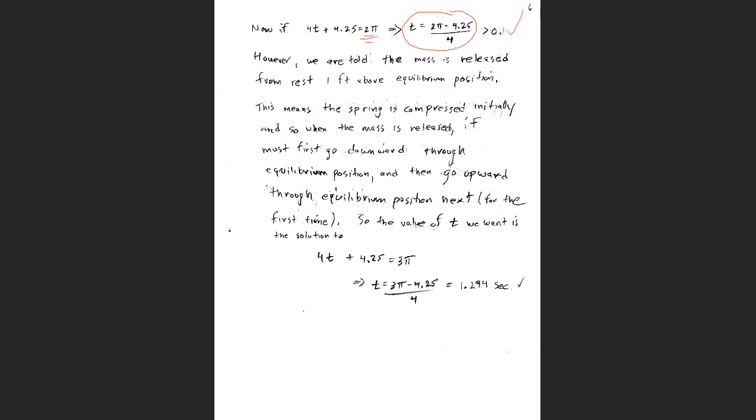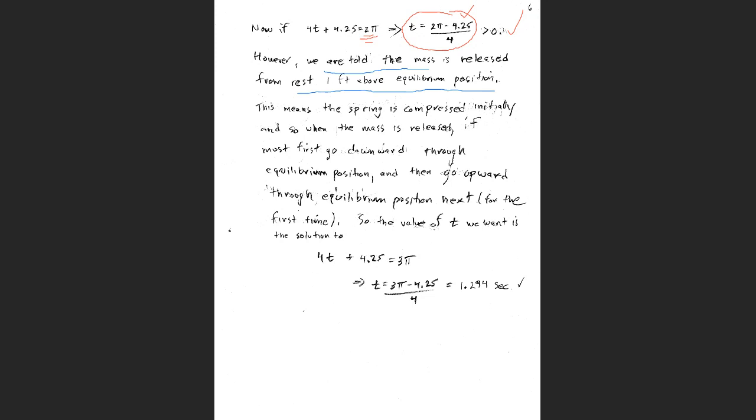But does that mean that that's the answer? Not necessarily, because let's think about what we were told. We were told that the mass was released from rest 1 foot above equilibrium position. So what's going to happen?